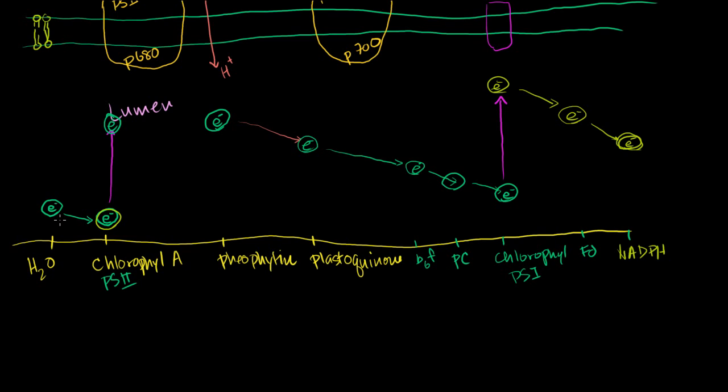So the net effect of what's happening is you're using this photon energy right here to essentially strip electrons off of water. And when it's on water, it's spending most of its time on the oxygen. So essentially strip electrons off of oxygen and put them in a higher energy state and have them end up on NADPH.